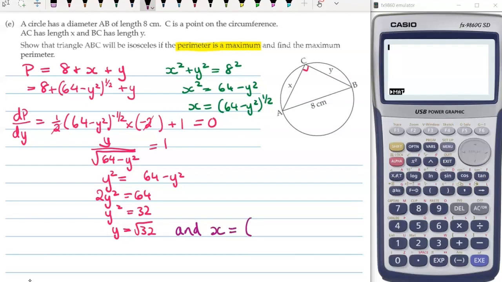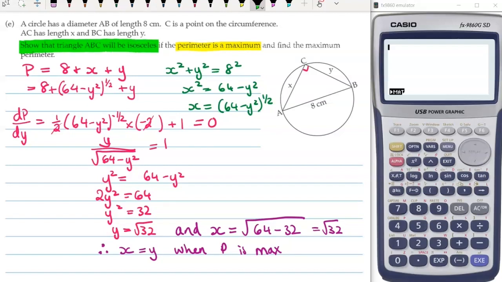So x is the square root of 64 minus y squared, so that's 64 minus 32, which is also 32, so that's the square root of 32. So x equals y when P is a maximum. So we've shown this bit here, show that it will be isosceles, and just for completeness, we'll say therefore isosceles.